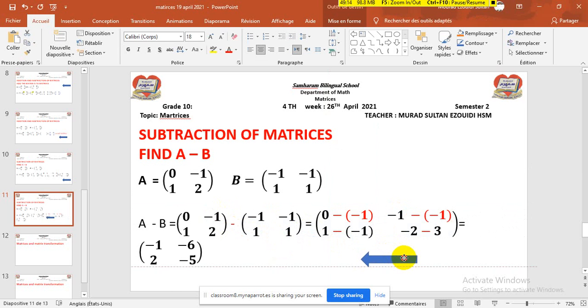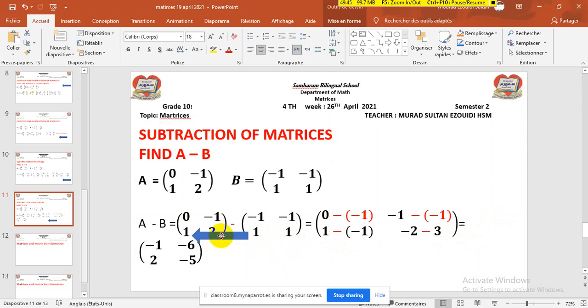So we finished the first row. We subtract the first row of the second matrix from the first row of the first matrix. So we make what exactly? We make 0 minus 1. Then the second, we have minus 1 minus 1. We move to the second one.